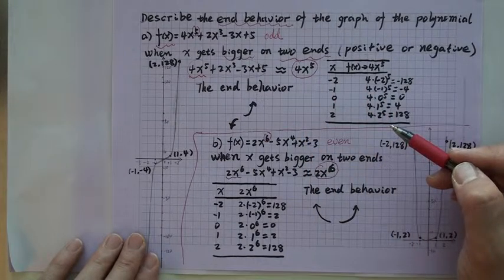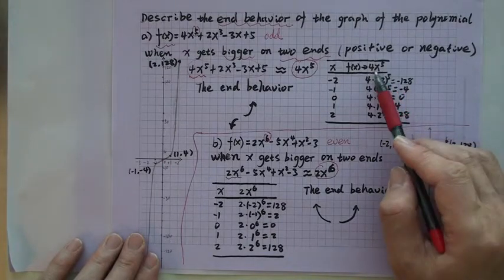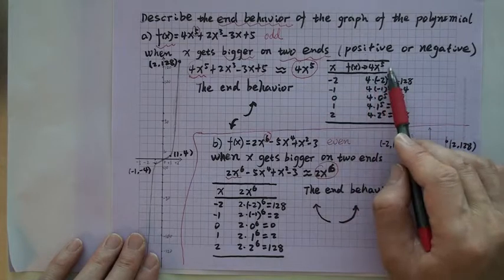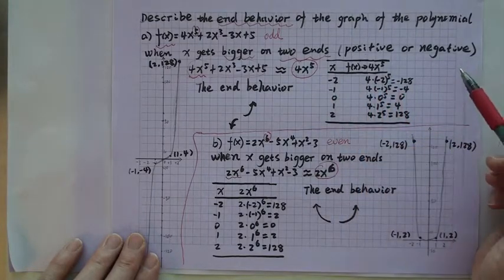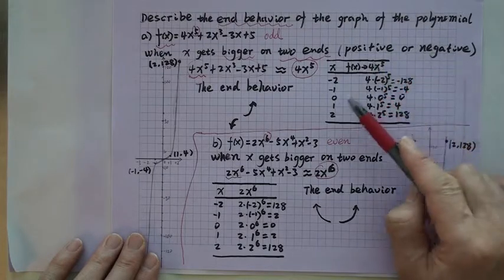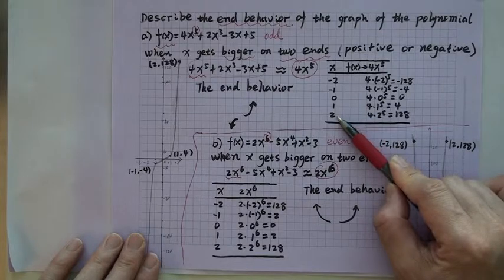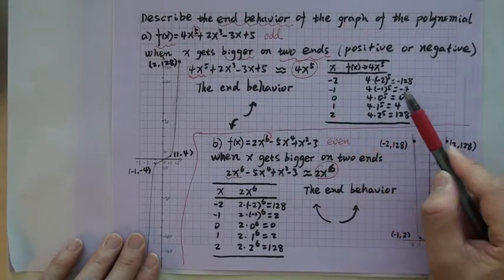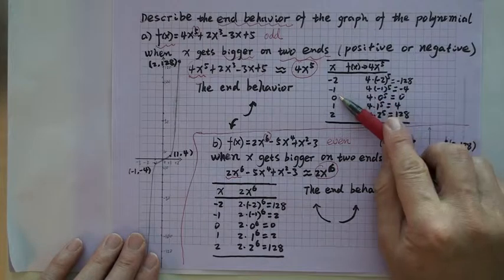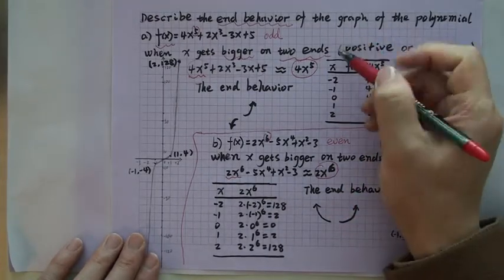Now, when you draw the picture for 4x to the fifth, you may plug in a few numbers. So 0 goes to bigger and bigger in the positive direction, 1, 2, 3, 4 until 100, and it goes to the negative direction.